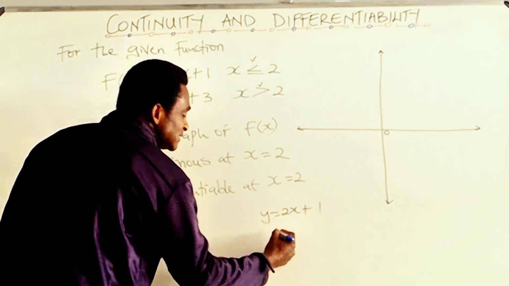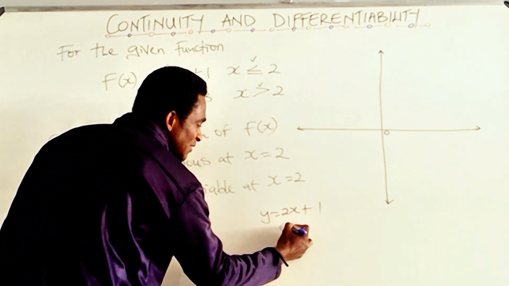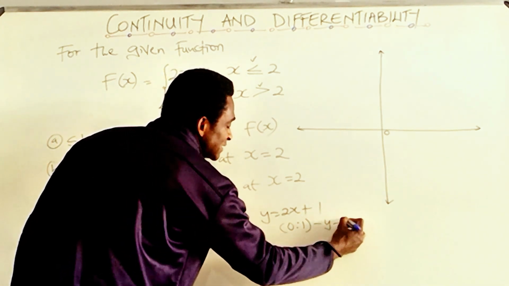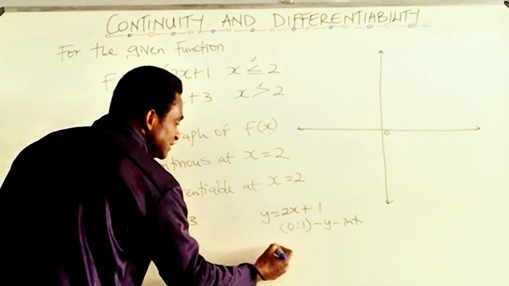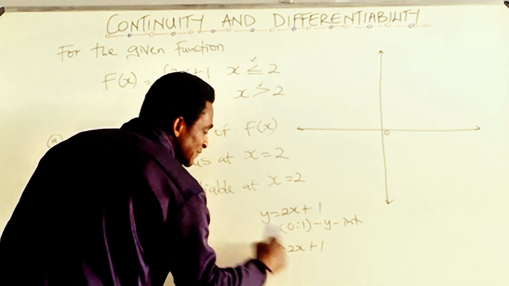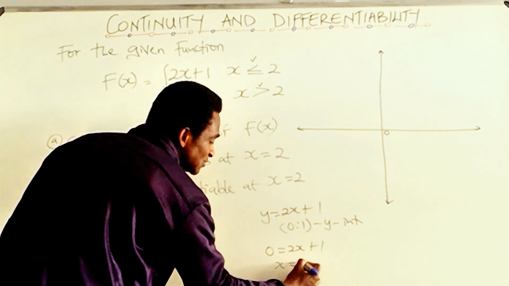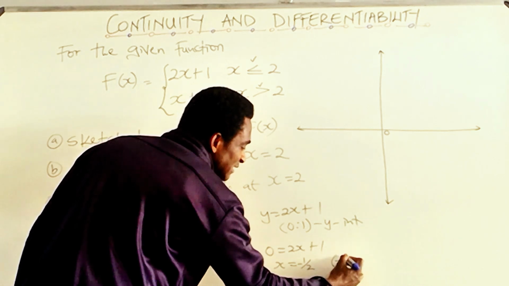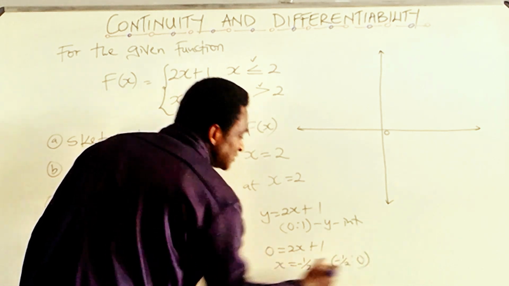Here, my y-intercept is, if I make x 0, I have 0 and 1. That's my y-intercept. And my x-intercept is making y 0. So I have 2x plus 1 equals 0, so I have x equals negative 1 over 2. So my x-intercept will be negative 1 over 2 and 0.